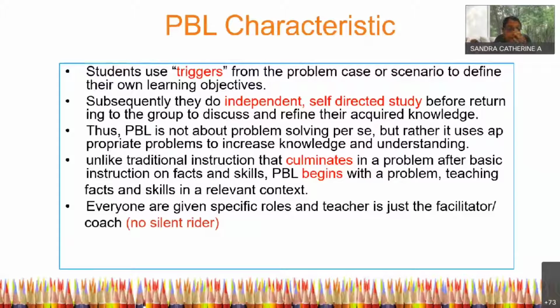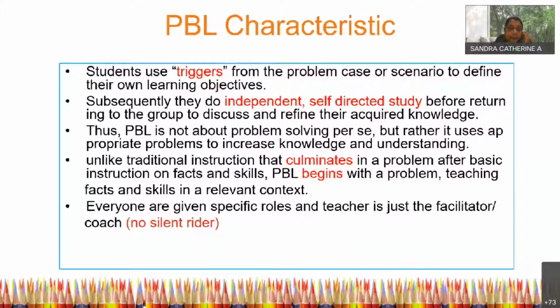For example, if the key topic is global climate change, based on the triggers, they will find out in that first class, 2 hours, what the learning issue or the key topic is, let's say climate change, and then they will find resources and go back, do their group work and so on, and come back again after a few weeks to present regarding the topic.